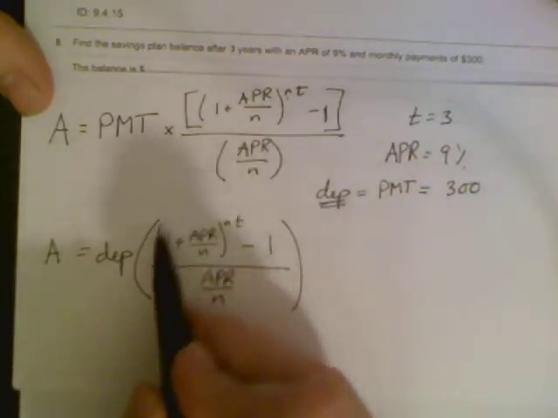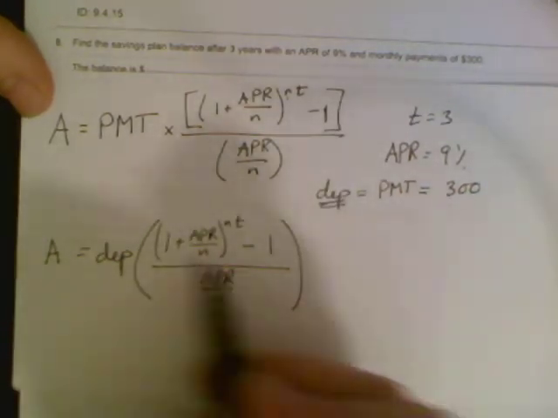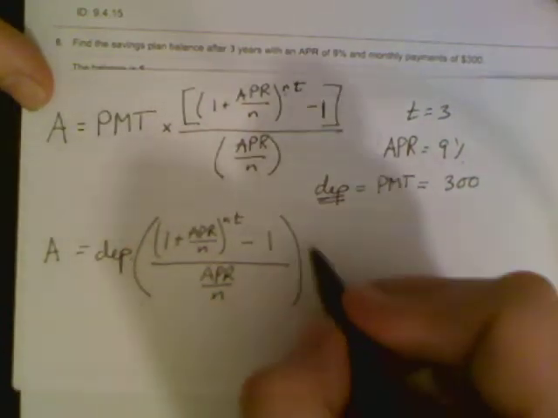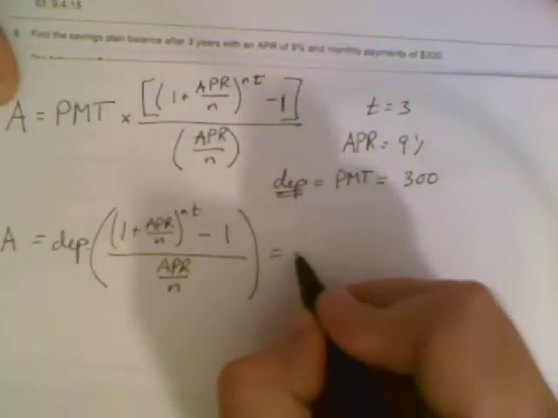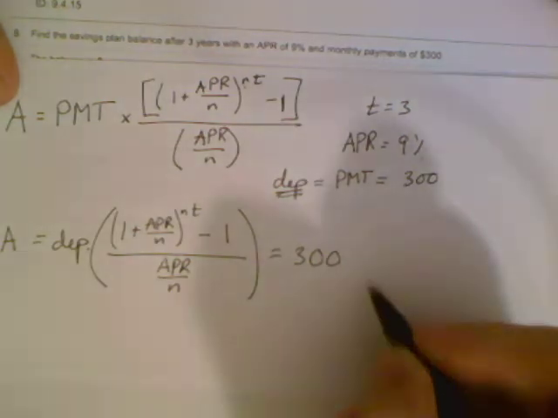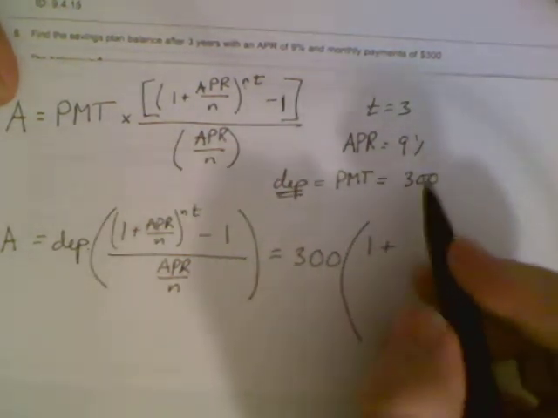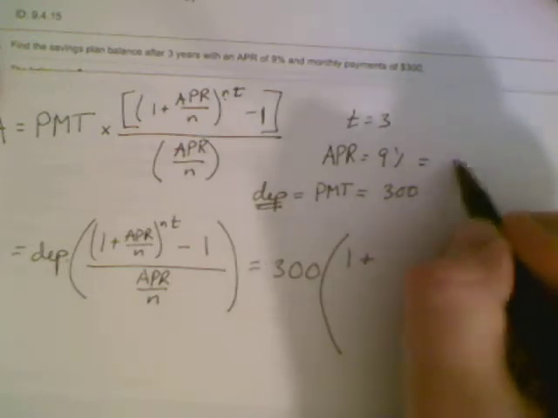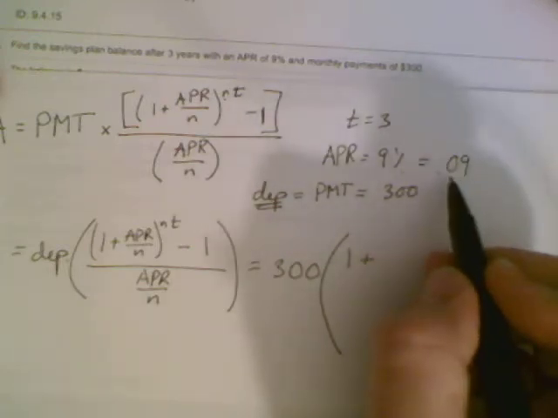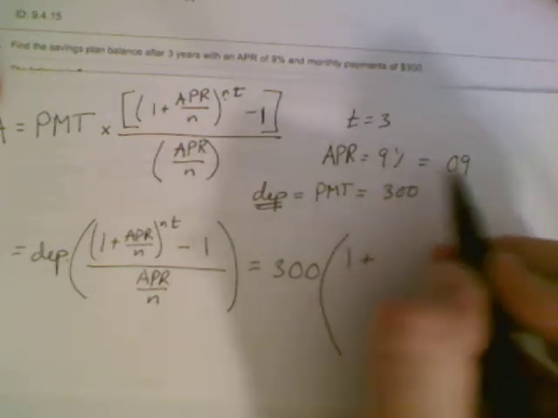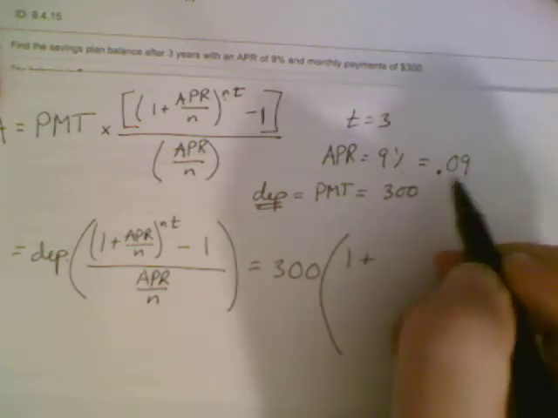So you have one giant thing up here, one giant thing down here, and it's all multiplied by that deposit. If we plug in all these values very carefully, I'll plug in the 300 for the deposit, and I'll have 1 plus my APR of 9%. But remember, anytime we're working with numerical values, you have to remove the unit of percentage and change it to a decimal value.